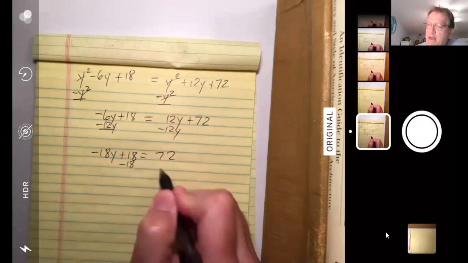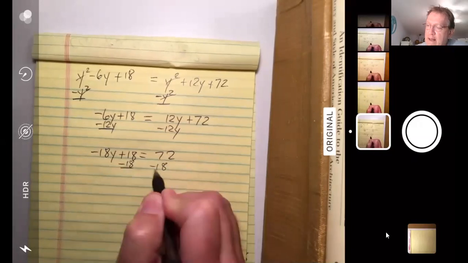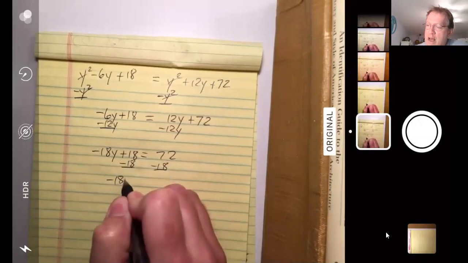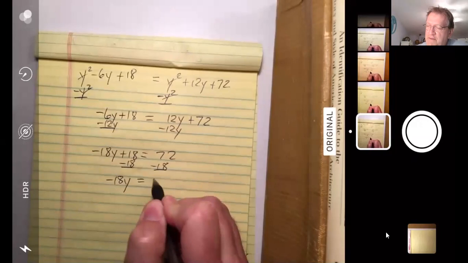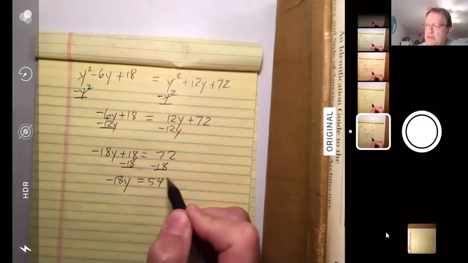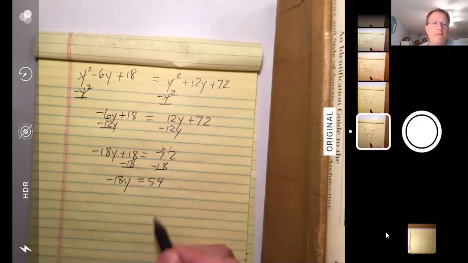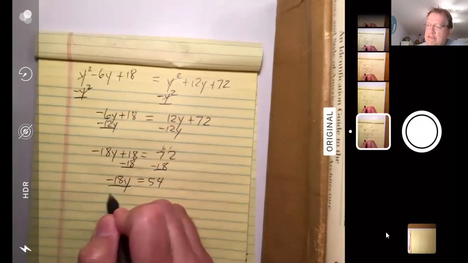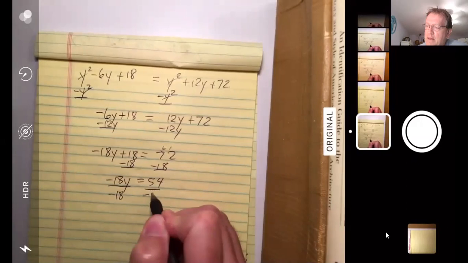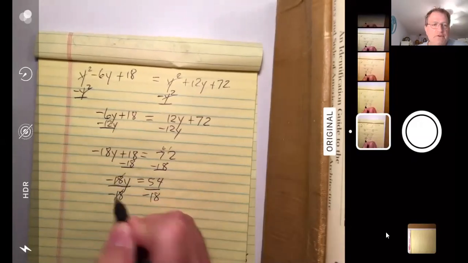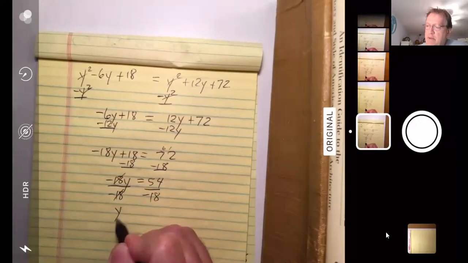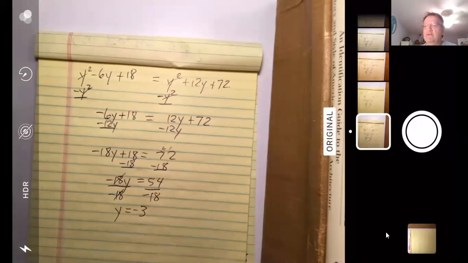Minus 18, minus 18. Negative 18y equals 54. Divide by negative 18. Cancels, and I think that's going to come up negative 3. I'm pretty sure that goes in evenly.